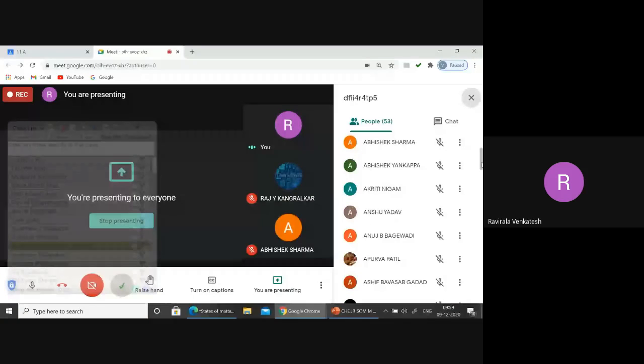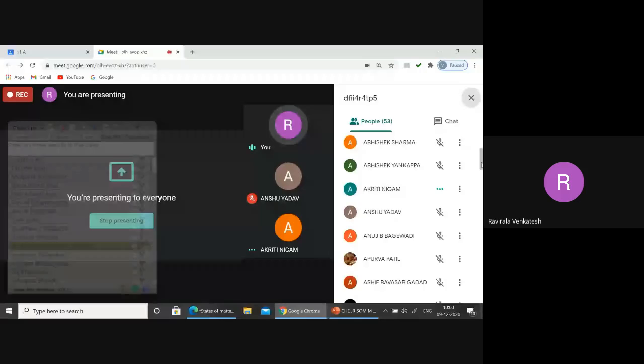Just reading the names. Abhishek Sharma, Abhishek Y, Aditya absent. Akruti, present, sir. Anshu, present, sir.